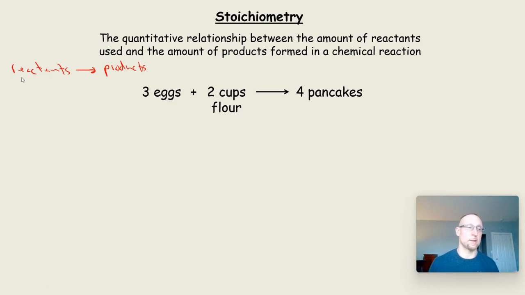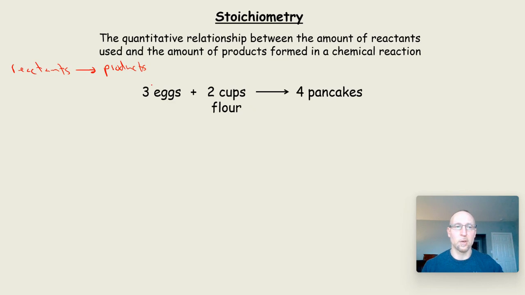So we could think about it like this as ingredients. So let's say I open up my refrigerator and I only have 1 egg, right? And I want to say, all right, how many pancakes can I make with 1 egg? I have a ton of flour. So the flour is not the problem, but I only have 1 egg, right? So if it's a little bit more complicated than doubling and halving, then we got to do a little bit of math, but it's really not that hard, right?